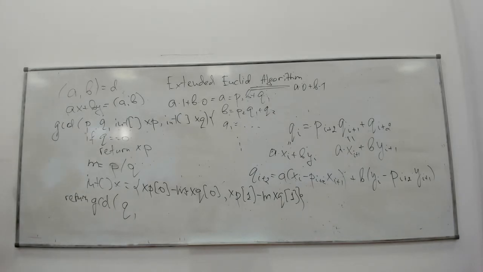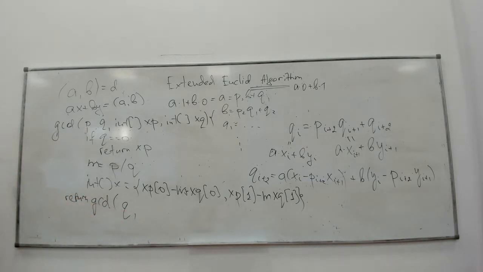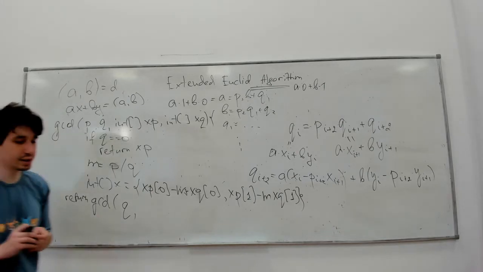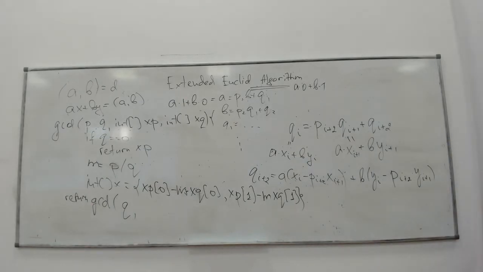So what in the Euclid algorithm is the second parameter? No, M is P divided by Q. So what is the second parameter? You can of course look at the algorithm that you wrote down.